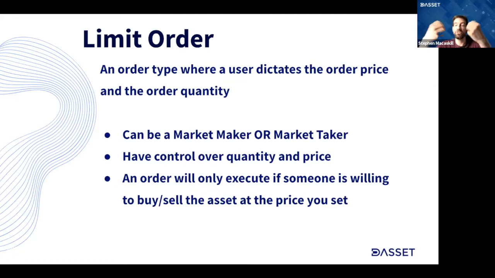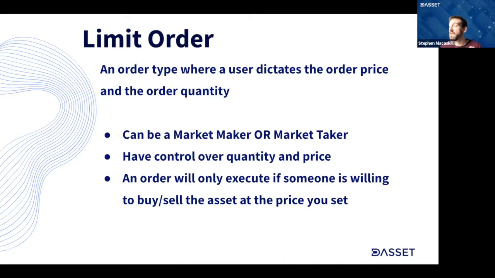So you're still taking liquidity away from the order book. Fortunately, you still have control over quantity and price, so you can set whatever quantity and price. But the downside, and it's not necessarily a downside, it really depends on your position, is that you have to wait for somebody to come along and sell it to you at the price you want, or buy.